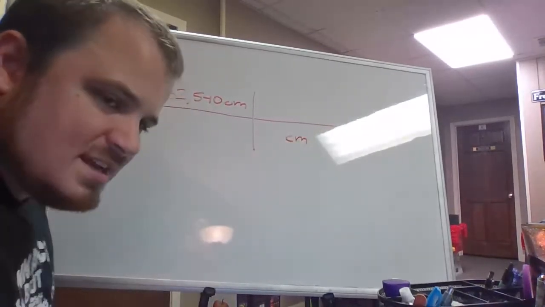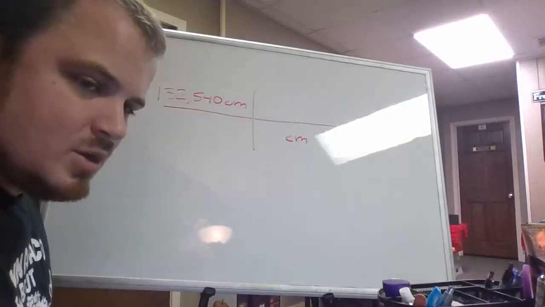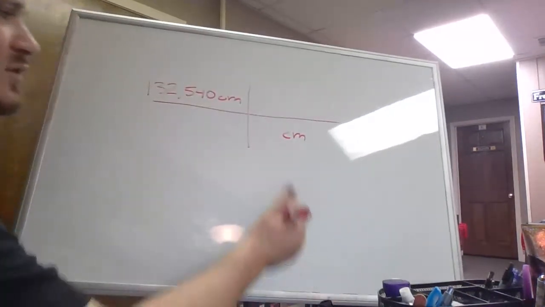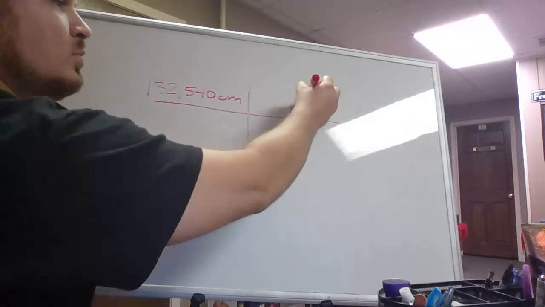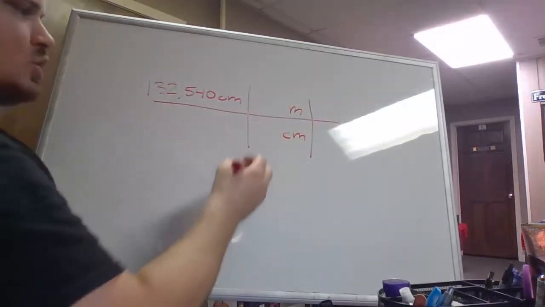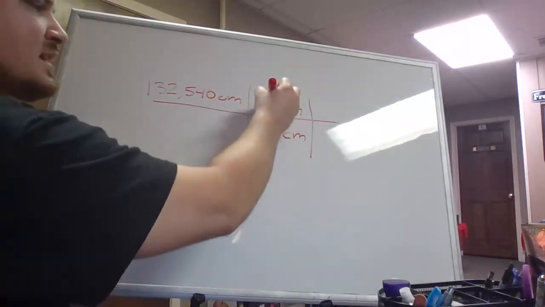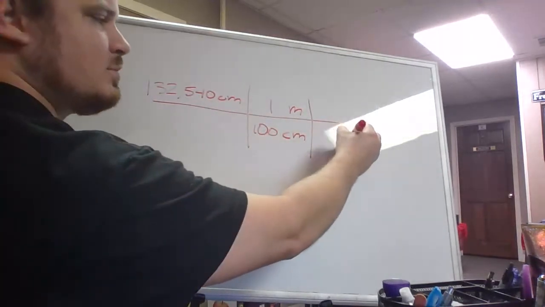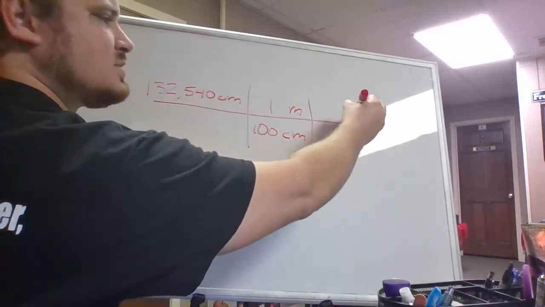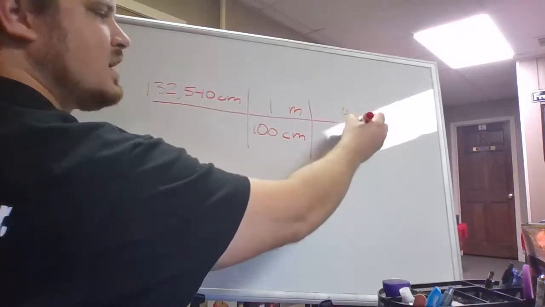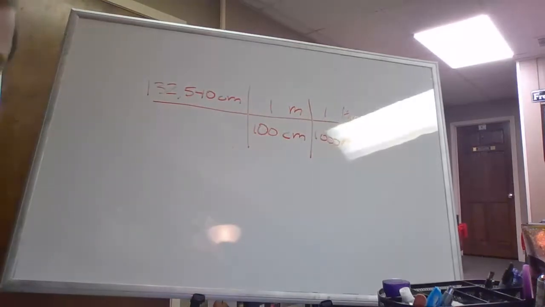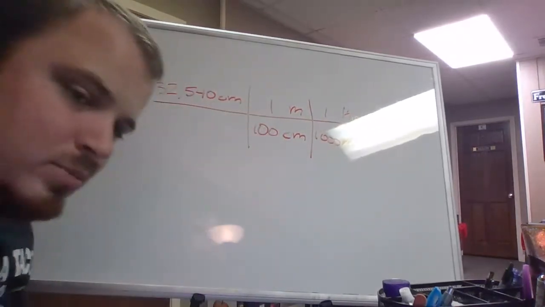Does your chart turn centi straight into kilo? No, it doesn't. So what we have to do here, we have to turn centimeters into plain old meters. And your chart shows you that there's 100 centimeters in a meter. Now that we're in meters, let's turn meters into kilometers. And we can see that there are 1,000 meters in 1 kilometer. So you see we have a two-step problem here.